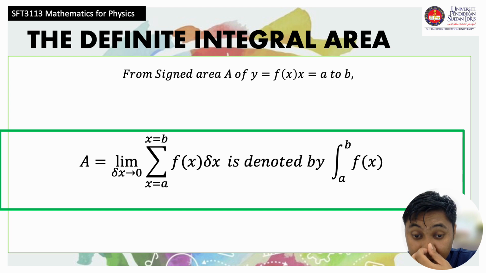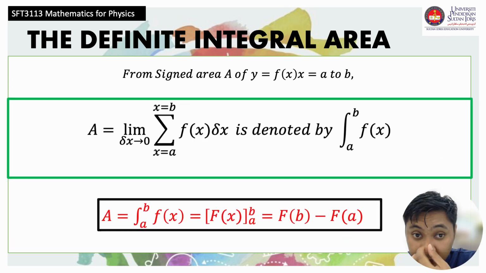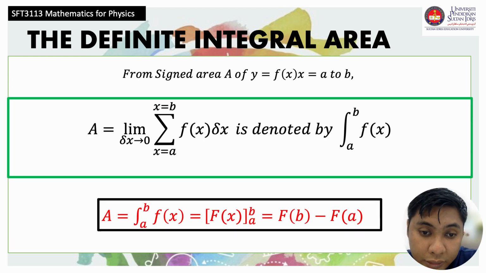Also for the definite integral, you have a certain range or limit. From A to B, you will find the area. You have f of x here, which we learned in the antiderivative in the last chapter.